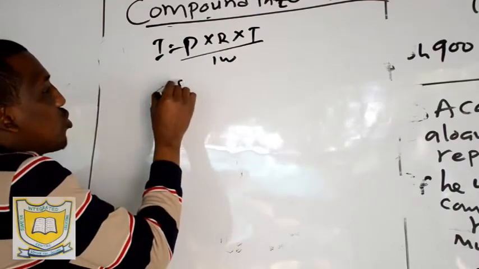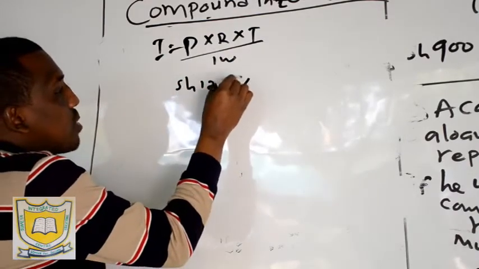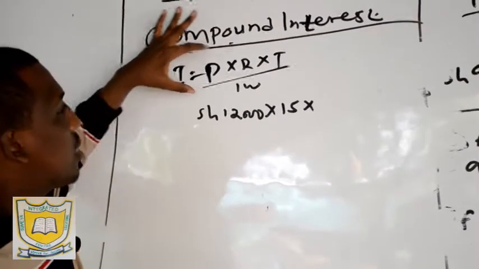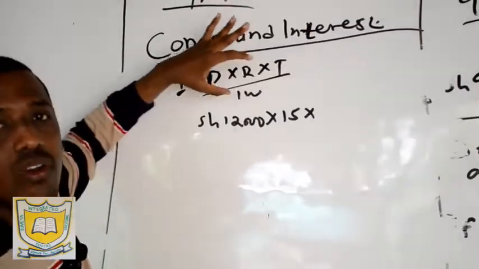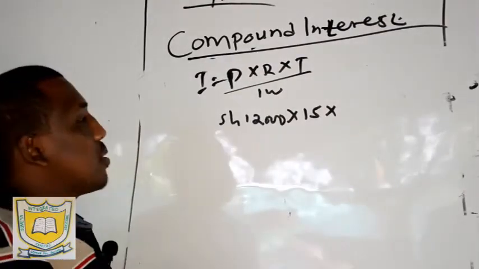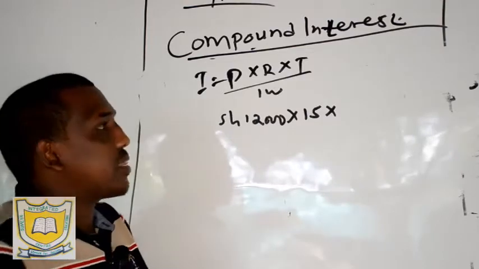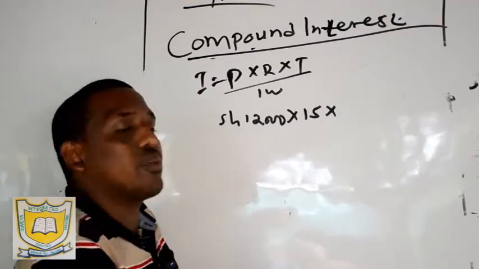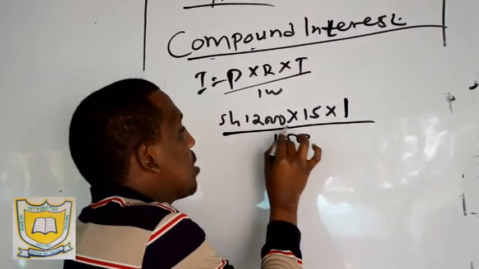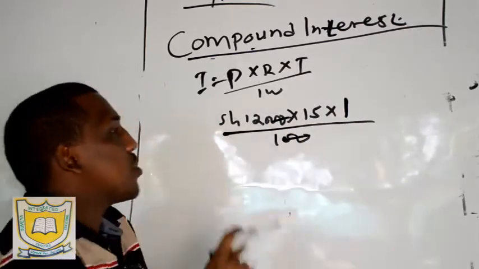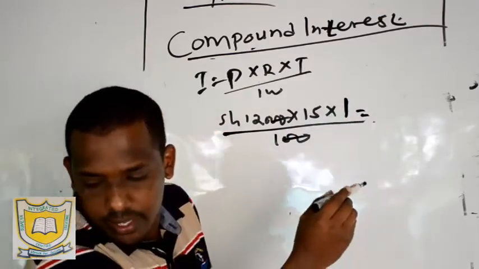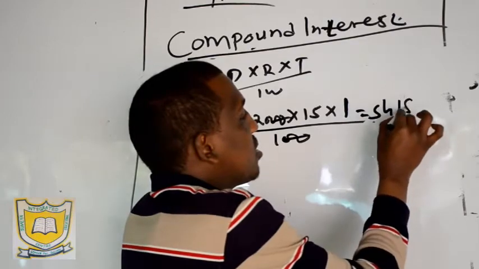Principal, which is 12,000, that is the loan invested, multiplied by 15, that is the rate, times time. We use the first year, times 1, all over 100. Cancel, they go together. 20 times 15 times 1, you will get shillings 1800.